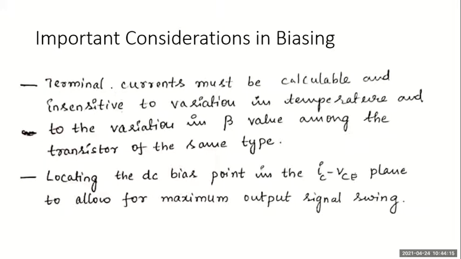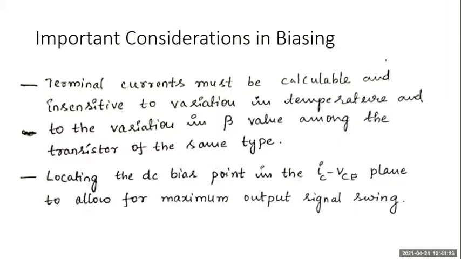One is the terminal currents must be calculable, and they should be insensitive to variations in temperature and to the variations in the beta value among many transistors of the same type. So what's the meaning of this statement?